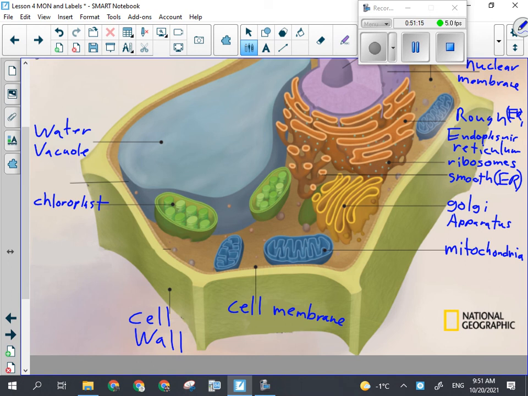You probably want to use that word turgor pressure, but it's in your notes for tomorrow. That's how it pushes everything against the cell wall, making it firm. The outside of the water vacuole has a special type of membrane called a tonoplast. That's what this line is pointing at, the special membrane that surrounds the water vacuole.